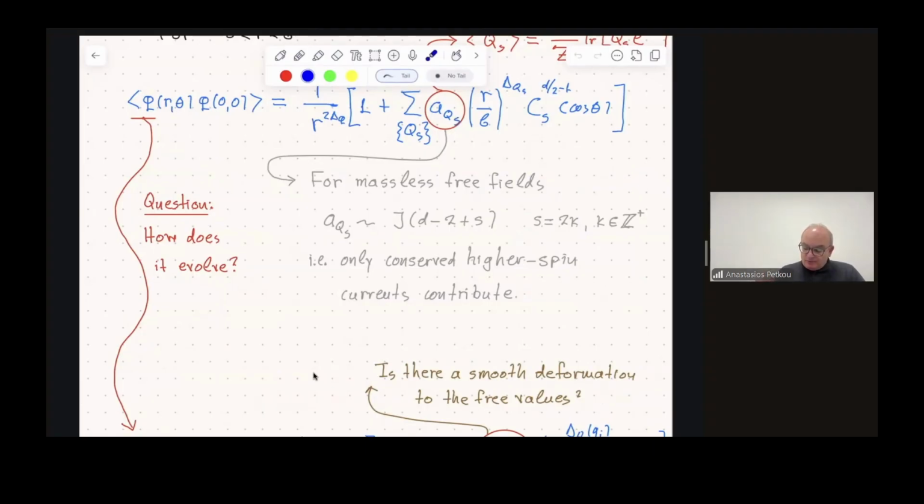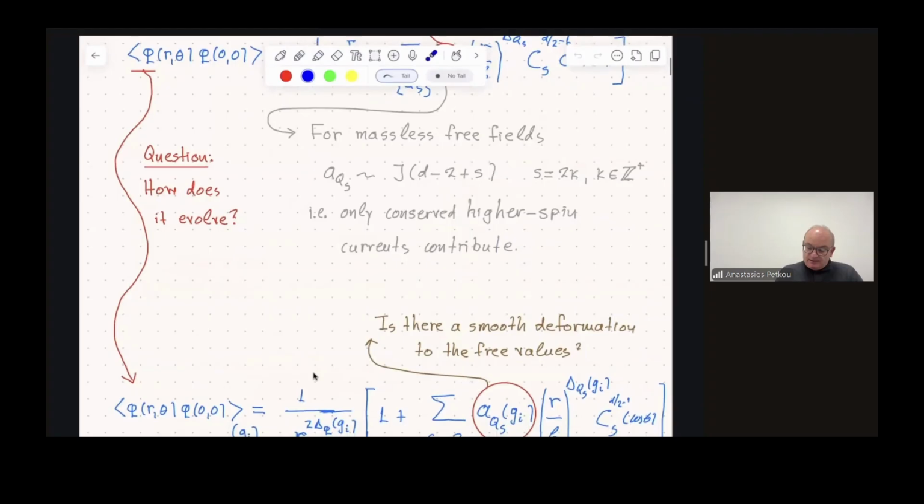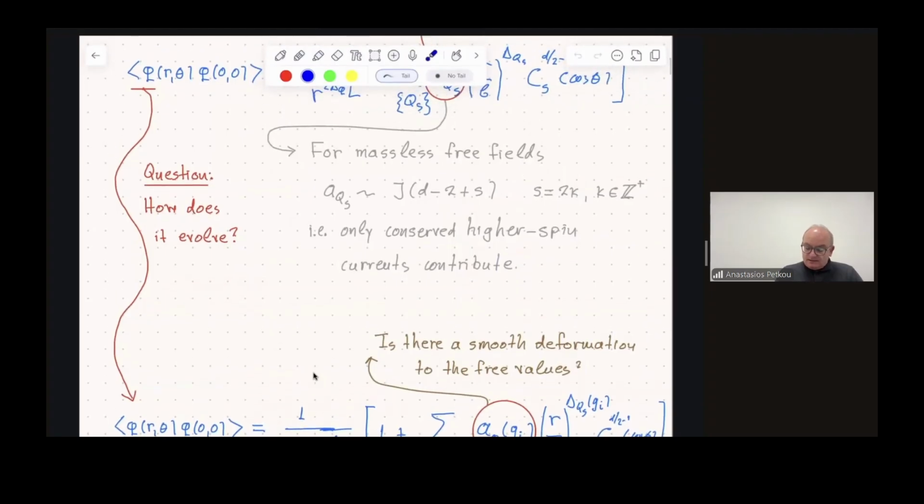But if you want a more traditional way of answering this question, it is to just go and evolve the two-point function by any way that one knows, for example RG, deformations, nonlinear equations, etc., and see how this evolution will be mapped into the CFT expansion.